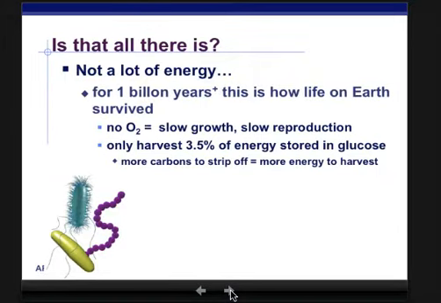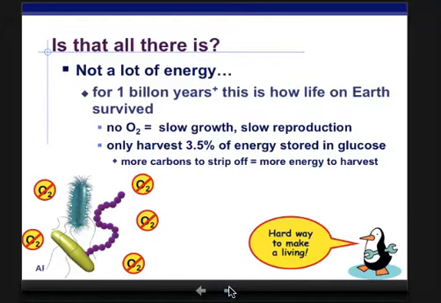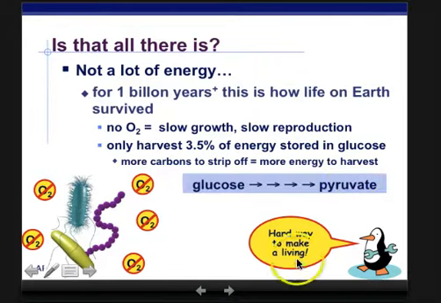There's no oxygen, so there's slow growth, slow reproduction, and we're only harvesting a tiny bit, 3.5% of the potential energy in glucose. All right, we have a bunch more carbons to get off of there and more energy to find. But those early bacteria had no oxygen, so they could only do the part, glucose to pyruvate, that doesn't require any oxygen.